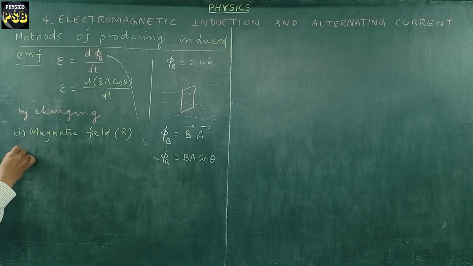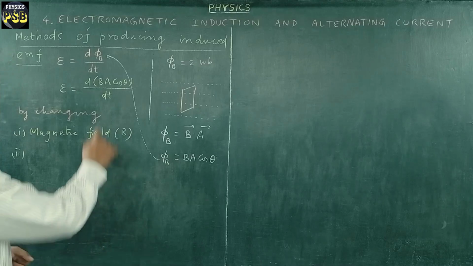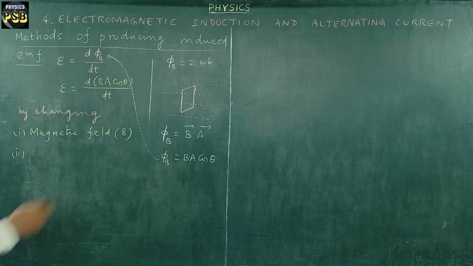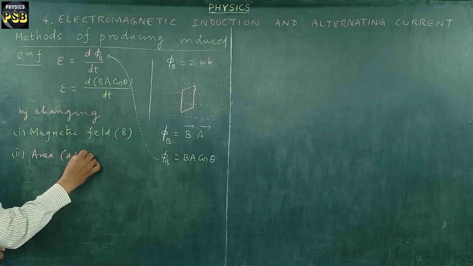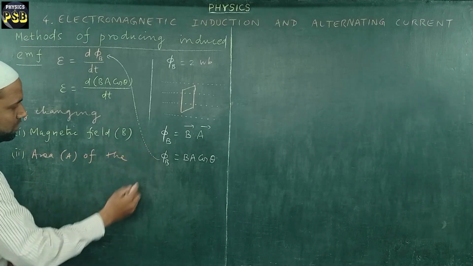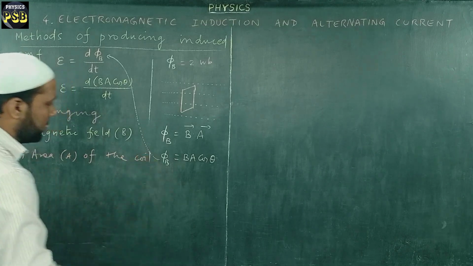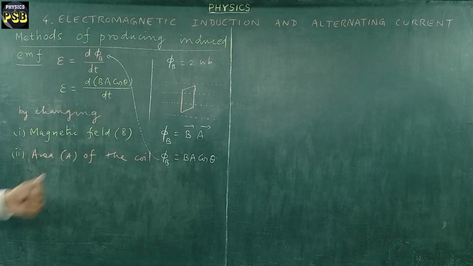Second, EMF can be induced in a coil by changing the area A of the coil or conductor.